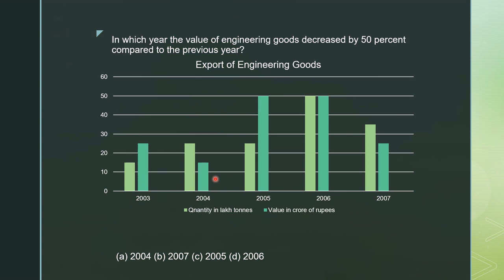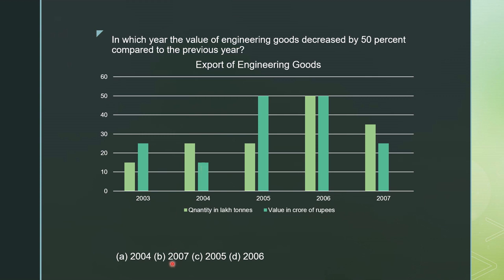So 25 minus 15 divided by 25, into 100%, gives the percentage decrease in 2004.